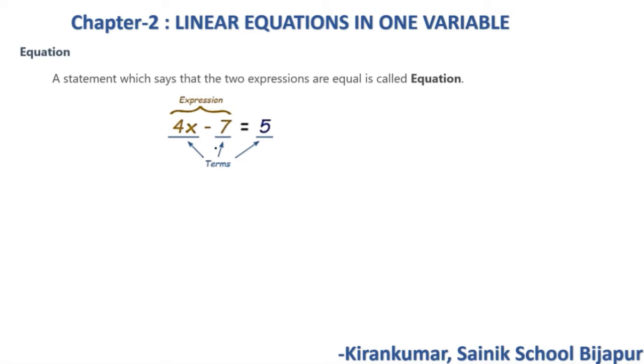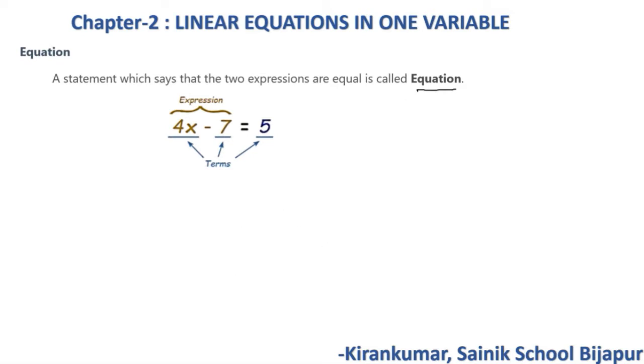Here an expression is equated to another expression. 5 is an expression, 4x minus 7 is an expression, they are equated. The sign of equality is used in a mathematical statement, so it is an equation.